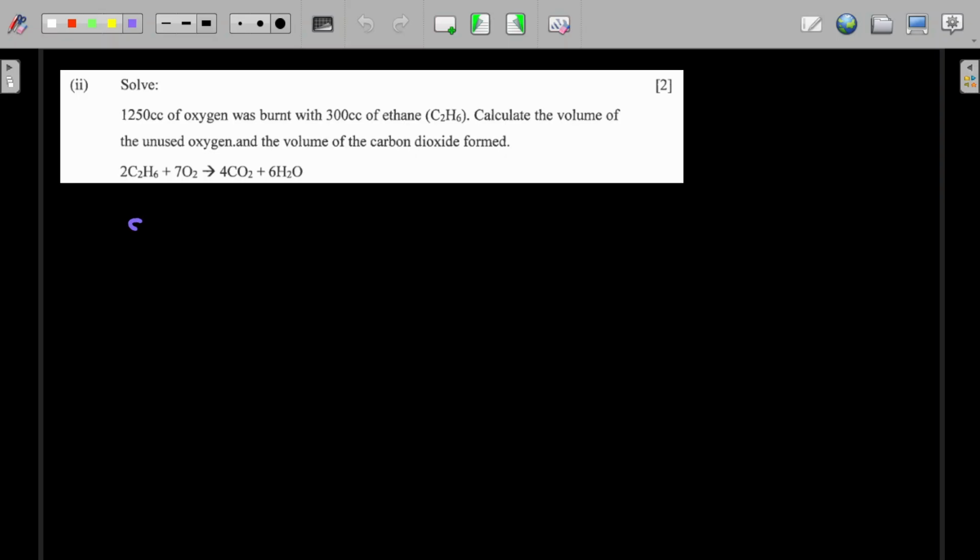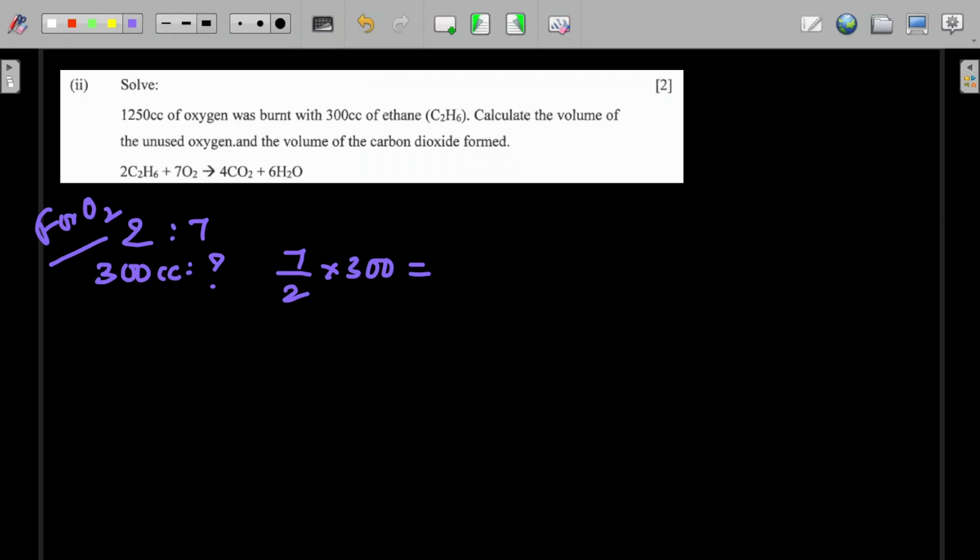The ratio here is 2 is to 7 for oxygen. So for 300 cc, how much? What you have to do is 7 by 2 into 300 for O2. But in the exam, what you have to do?